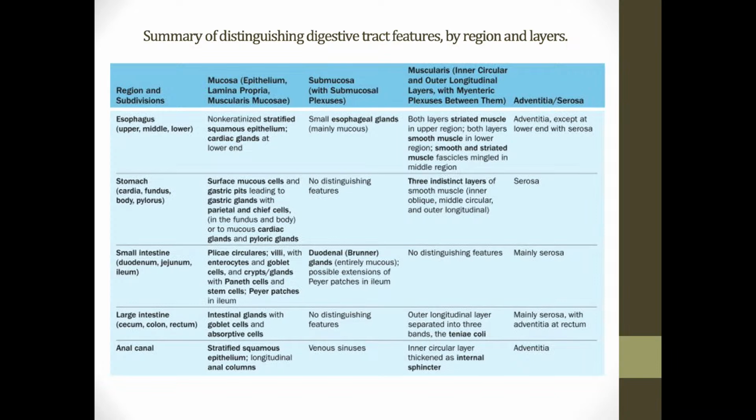Villi are typical, with enterocytes and goblet cells, and also the glands. The glands are crypts, and these crypts are with Paneth cells, stem cells, and endocrine cells. The typical feature in the ileum is Peyer's patches.